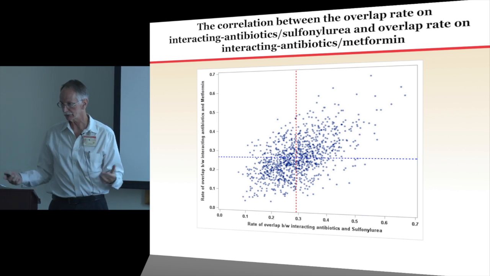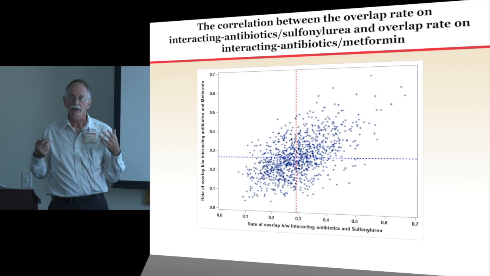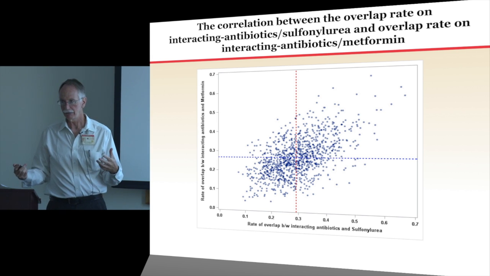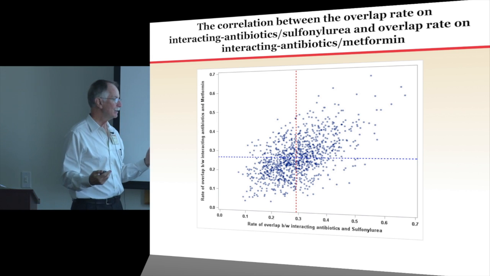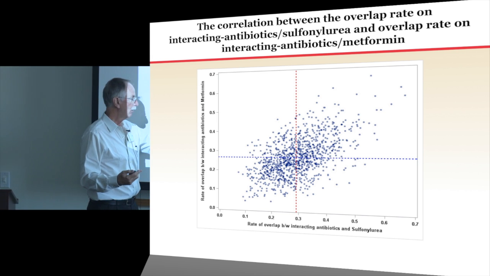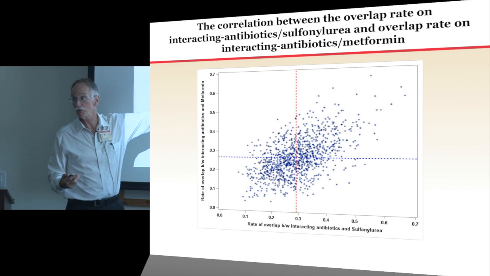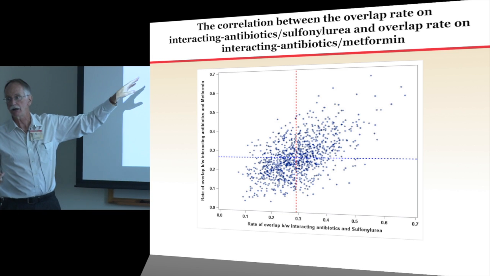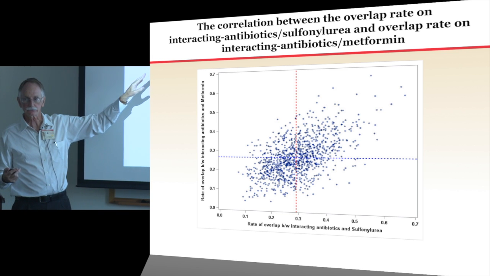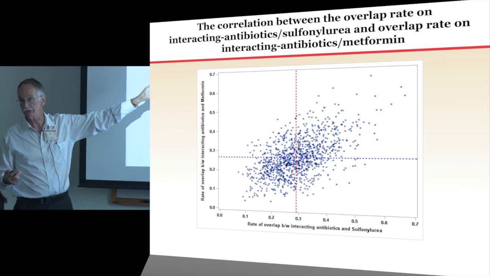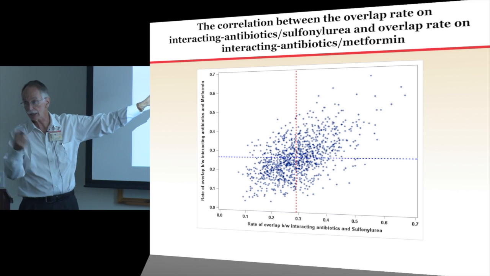And so the thinking was, and this is trying indirectly to control for antibiotic prescribing and all that, that there would be some rate of prescribing of these antibiotics with metformin, because they don't interact with metformin.